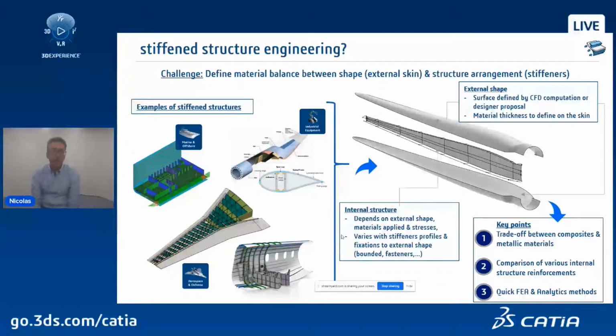So typically, like for a wind turbine blade or for the skin of an airplane, the wing of an airplane, you would have a shape coming from CFD or any other input, and structural engineer would have to find the best way to stiffen this part to sustain the structural loads.